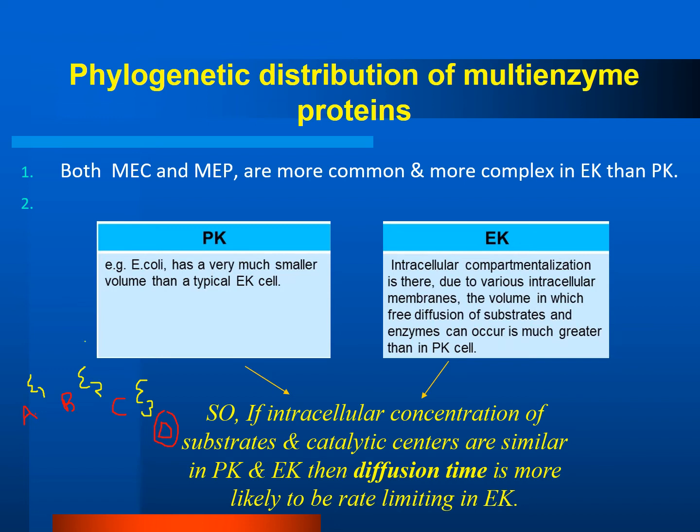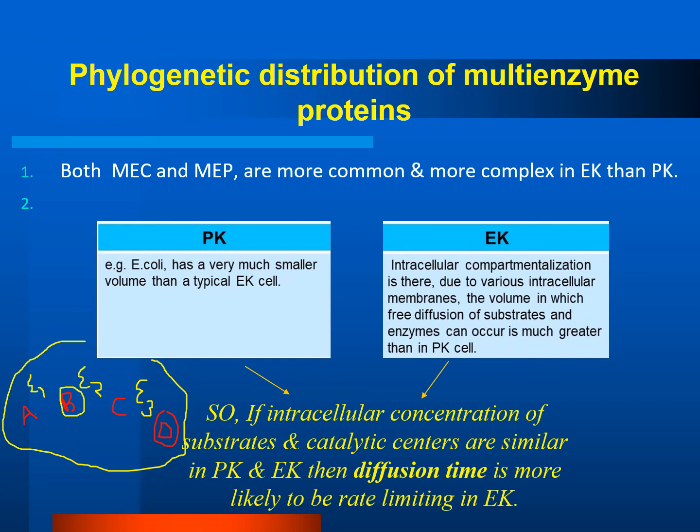Now in a cell, suppose this is your cell, if B is lying over here and your E2 is lying somewhere here, then B would diffuse and reach the catalytic center of E2, and only then will it be converted into C. Likewise, C has to be accessed by your catalytic center E3, and only then will D be formed. So how much time these intermediary substrates take to reach their catalytic center is actually the diffusion time.